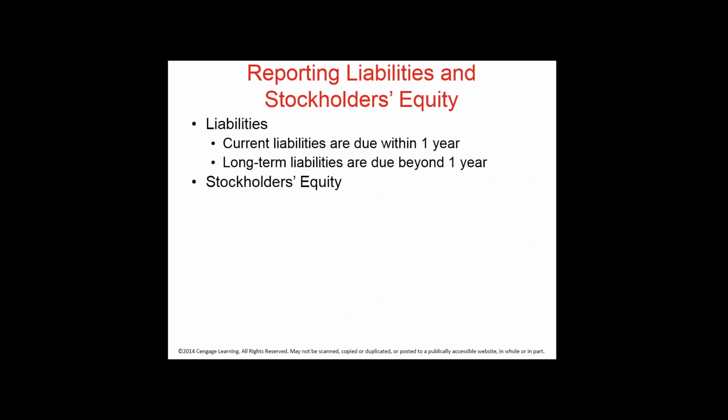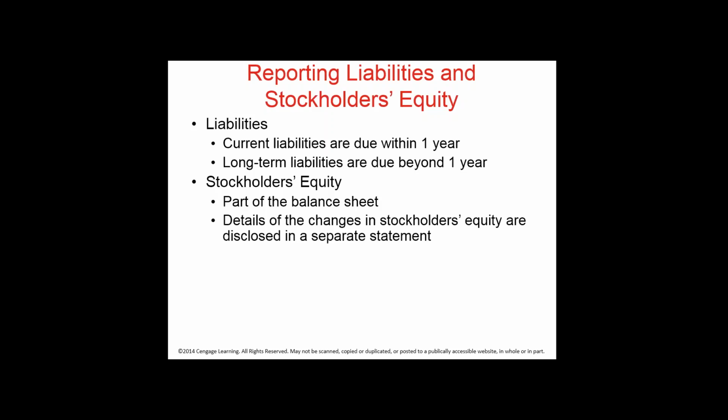And the equity section is part of the balance sheet, and it details the changes of equity. On the balance sheet, they're given in a very compacted form, but there is a secondary statement that gives the detail of any changes in equity.